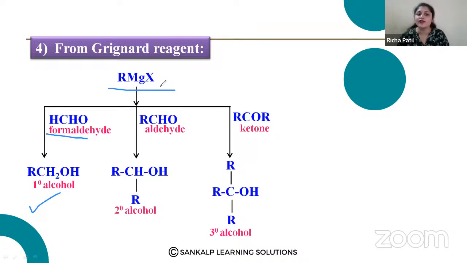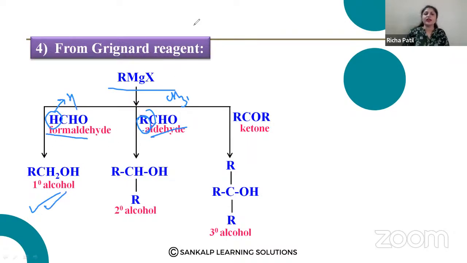Remember this. So if you react your RMgX with an aldehyde, R can be anything. R can be CH3, that is methyl group, ethyl group, propyl group, anything. But here it should be only formaldehyde, that is, only H, then it will yield you primary alcohol.